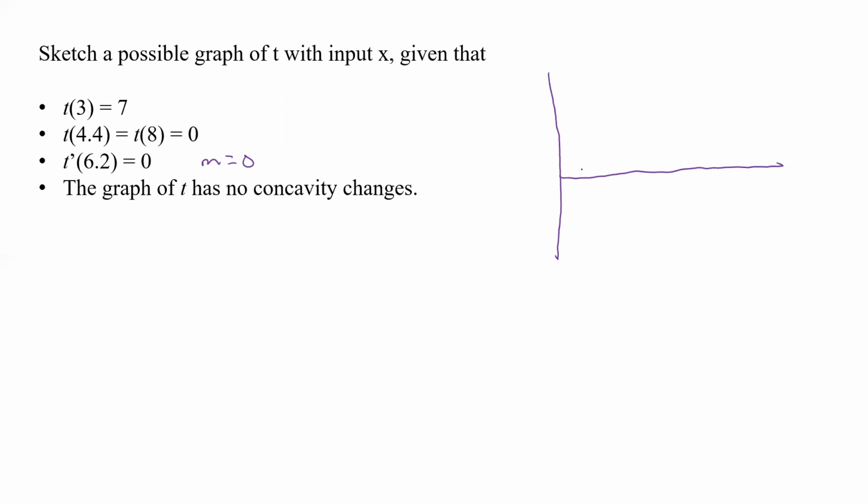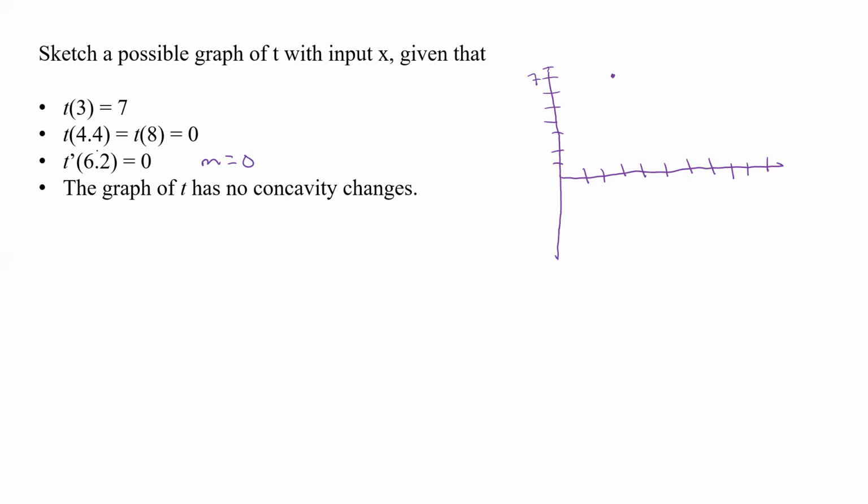So I don't know. So 1, 2, 3, 4, 5, 6, 7, 8, 9, 10. And we go 1, 2, 3, 4, 5, 6, 7. All right. So t of 3 equals 7. So 1, 2, 3. That's where we are. Let's go and count these. 1, 2, 3, 4, 5, 6, 7 is here. 3 is here. So we have about a point there.